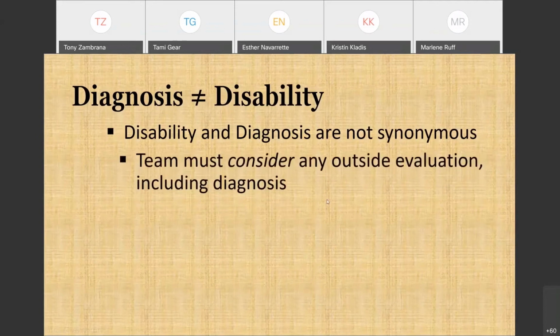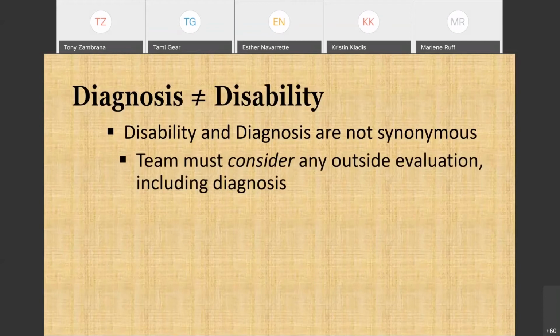The team must consider any outside evaluation, including a diagnosis. Now, that they must consider it does not mean that they have to take that whole diagnosis and say, well, Dr. X says this, and so we have to determine them eligible. That is not the case, but you have to consider that. You have to read that.